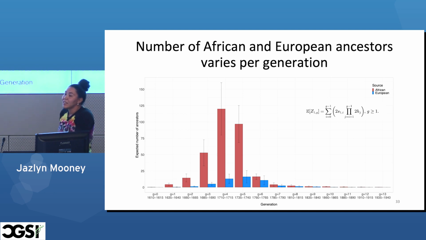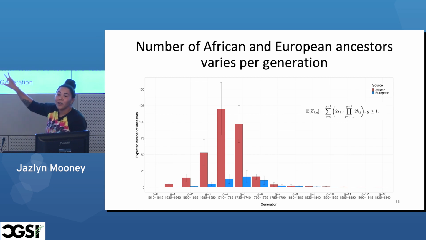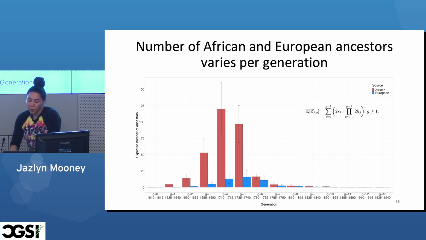On the y-axis is the number of ancestors that are coming in at that generation. And we see that there's these peaks in generation 4 and 5 for both African and European ancestors. And so these peaks roughly correspond to the height of the transatlantic slave trade. And this makes sense. So most of your African and European ancestors can be traced back to that period when slavery was legal.